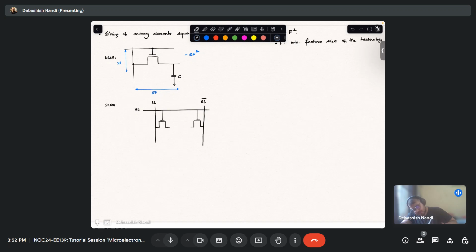These are the PG or pass gate transistors. Then you have the back-to-back connected inverters, or cross-coupled feedback connected inverters.